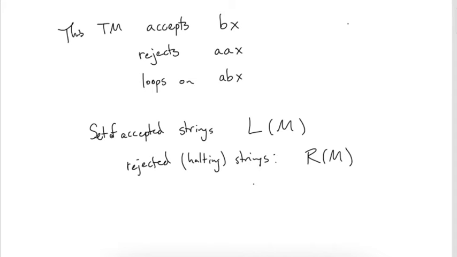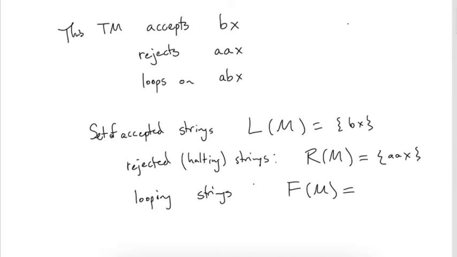And in this example, we can say exactly what these are. The accepted language here is BX. The rejected language is AAX. And then there's the looping strings. And this is written as F. I would have said L, but L is taken already.